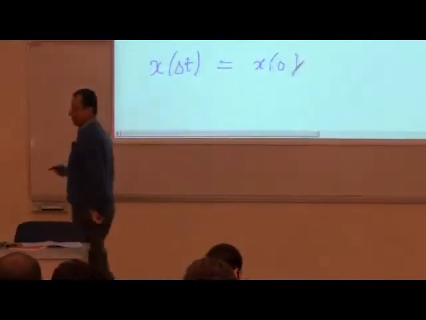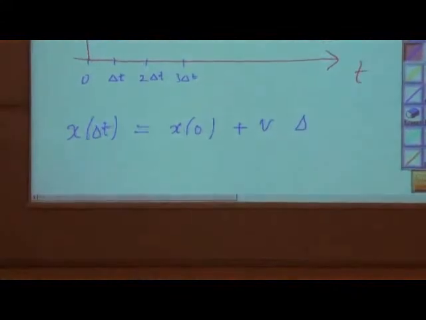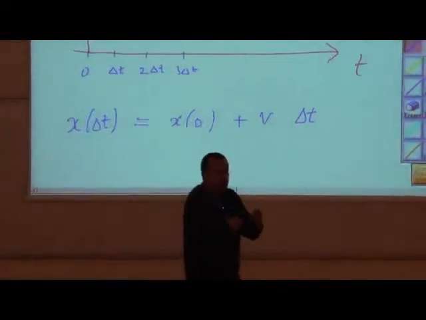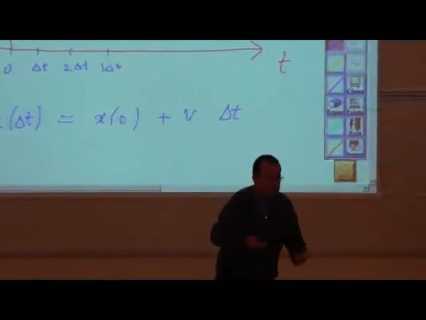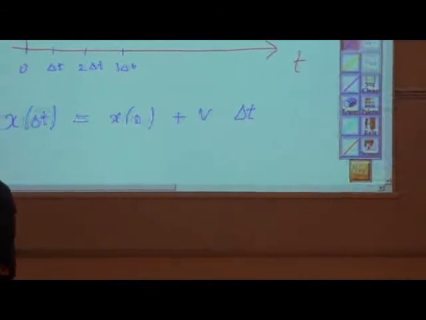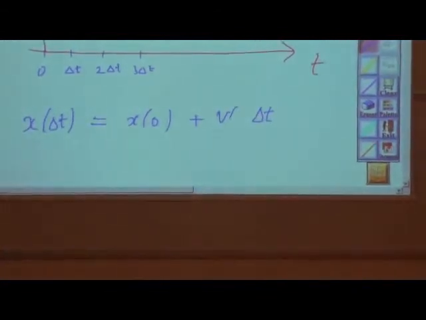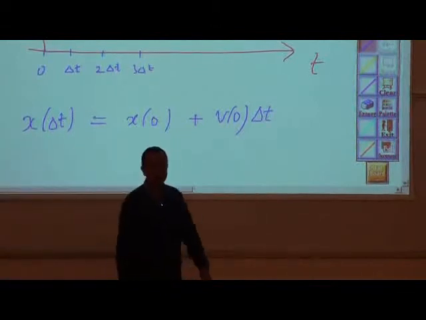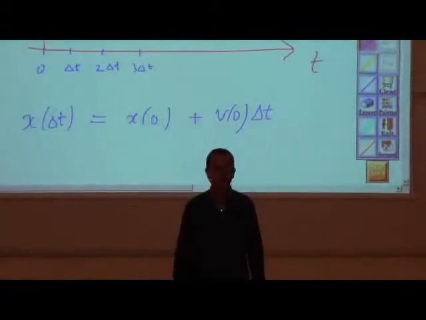So what is that distance? If you know the velocity of an object, it's moving at this velocity, and it's moving for some time, delta t, how do you find the distance? Okay, so you write a velocity.